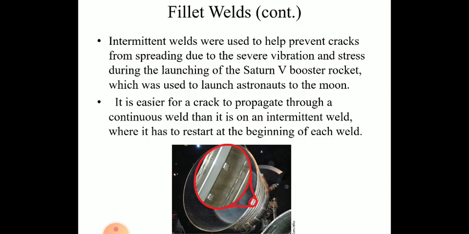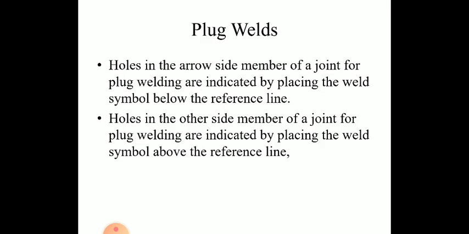It is easier for a crack to propagate through a continuous weld than through an intermediate weld. So that particular case study in front of you shows that to stop the crack, this fillet weld is to be performed on that particular moon mission.